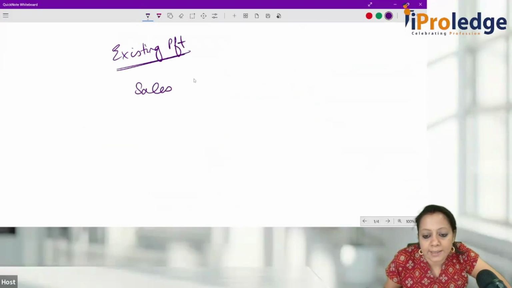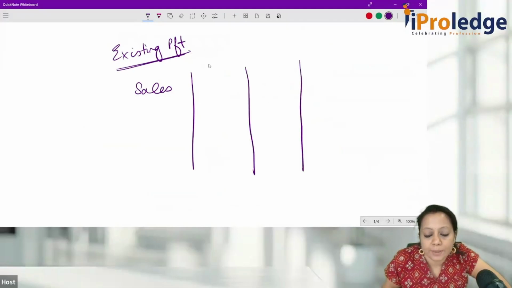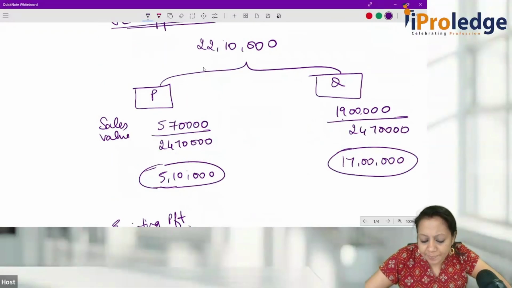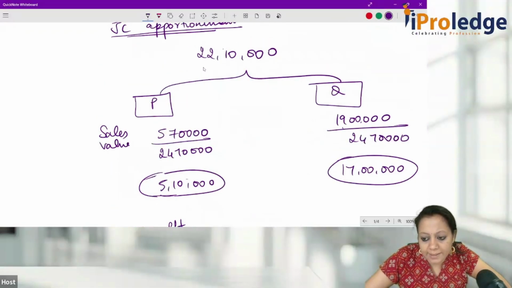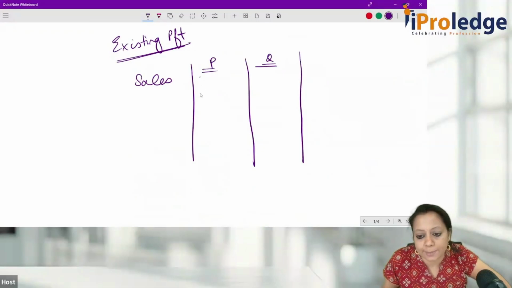That is going to be sales minus cost. So sales of what? Sales of P and Q. P was 5 lakh 70 and 19 lakhs.